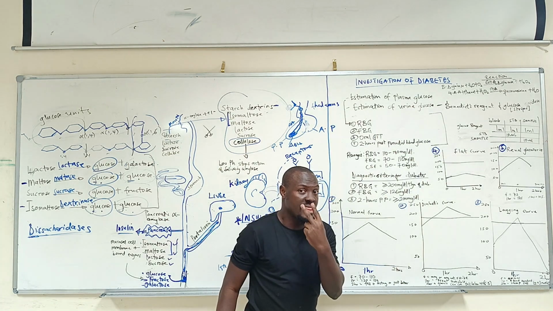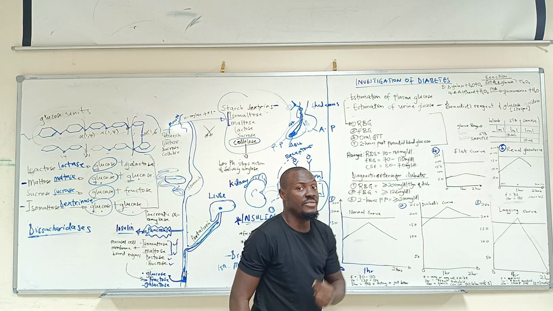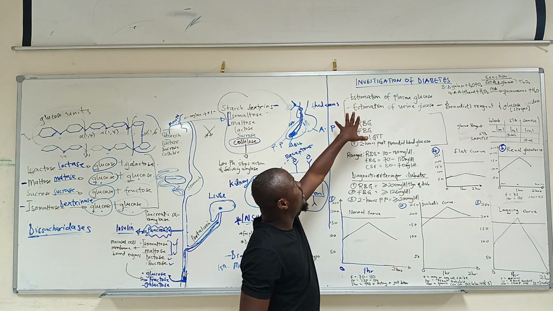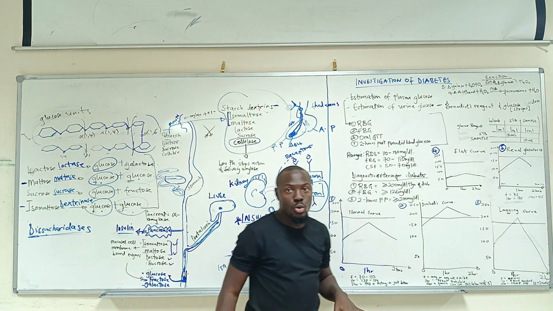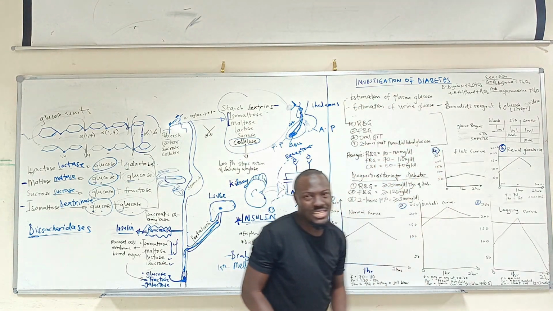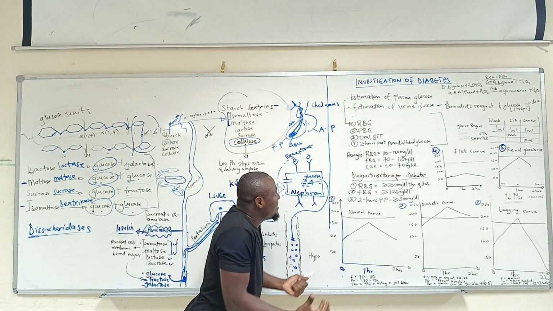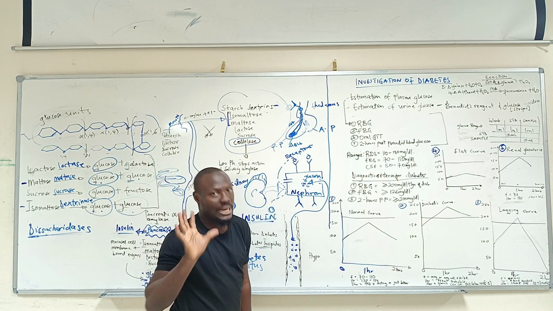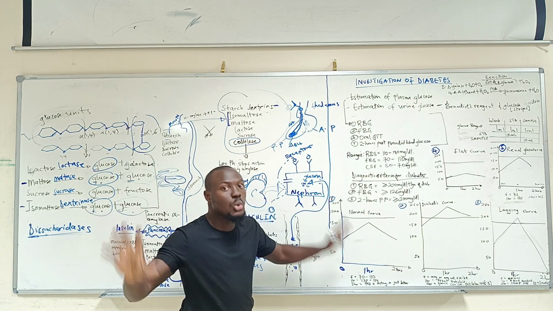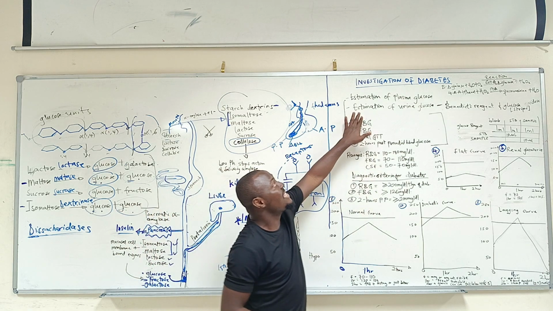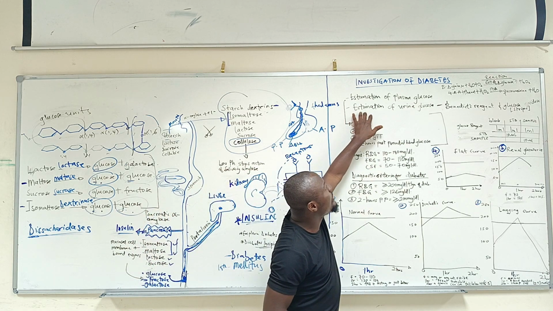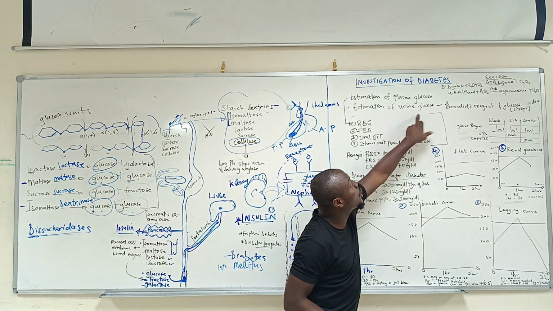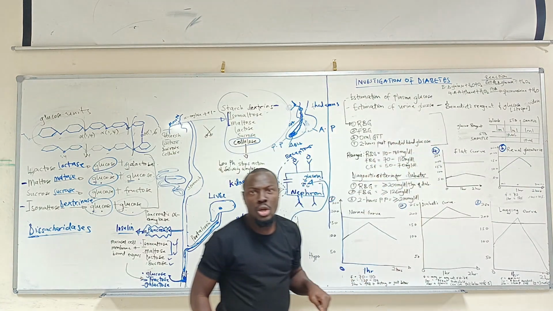Now, there are two different things we do when it comes to the investigation of diabetes. First and foremost, we have estimation of plasma glucose. What I mean by plasma glucose here simply means that we estimate and measure the amount of sugar you have inside your blood. The second thing we do is we estimate the amount of glucose you have inside your urine.